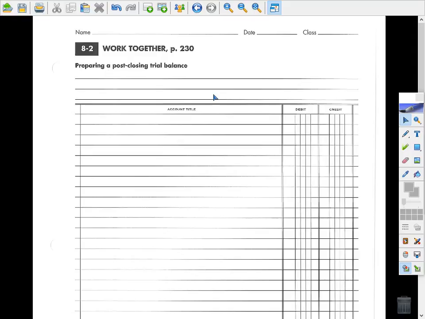We're using the same general ledger accounts that we used for the work together problem that we did yesterday. So you might want to have that problem handy, because you'll probably be flipping back and forth. Yesterday's business was Fix It Now.